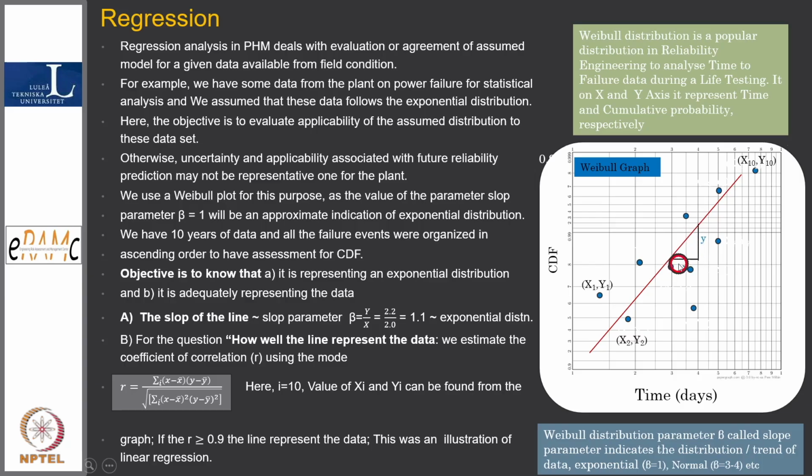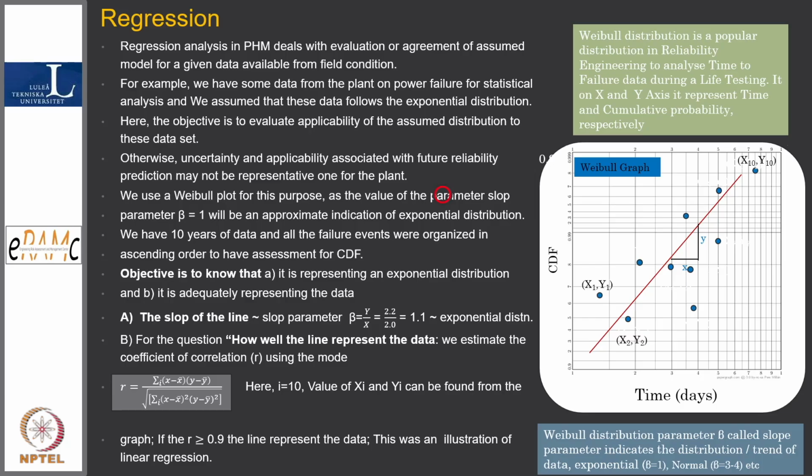So if suppose beta, tan theta, comes to, let us say, 3, that is the slope of the line, it is giving an idea that it is a normal distribution, and so on and so forth. So that means one distribution is giving me an idea about many other distributions.